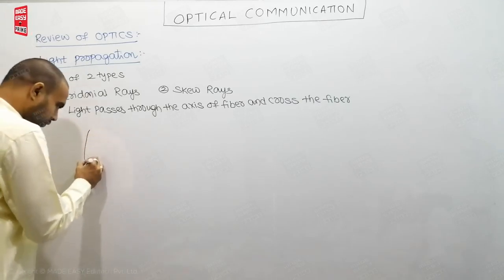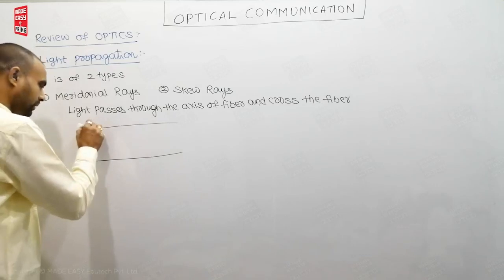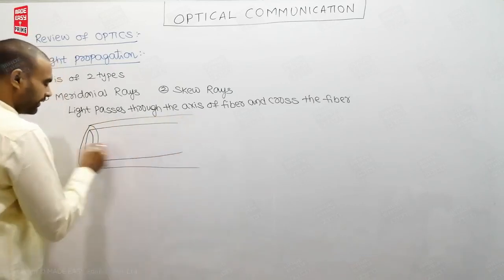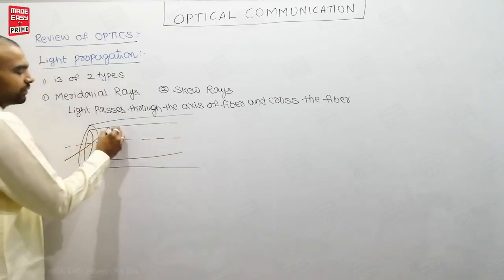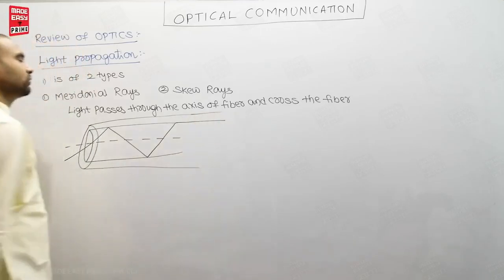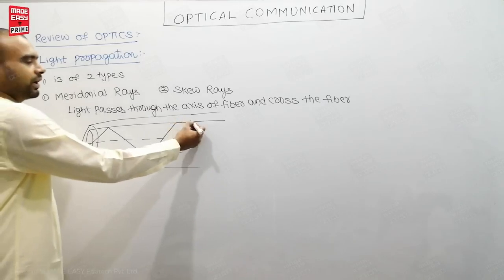If you see the optical fiber cable, having core and cladding, as shown in the figure, this is called the axis of a fiber. So light rays cross the axis of the fiber and also pass along the axis of the fiber. That is called the meridional rays.